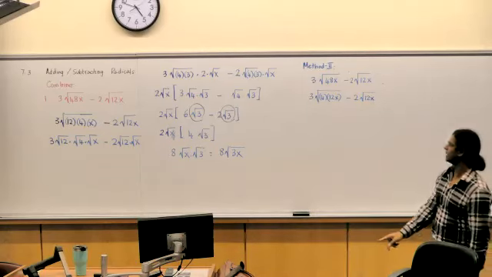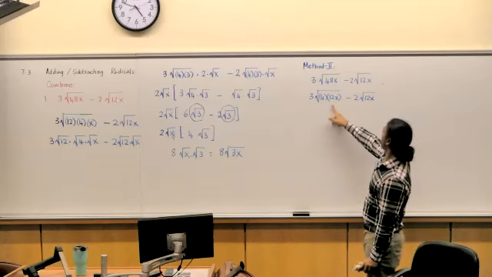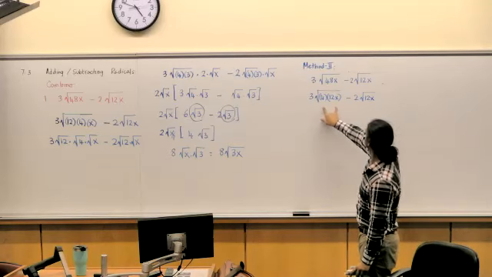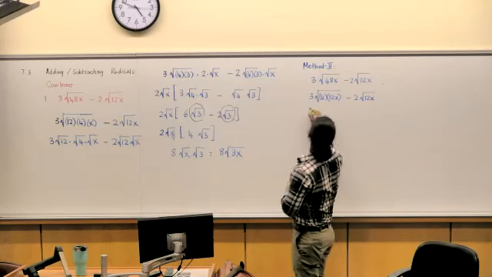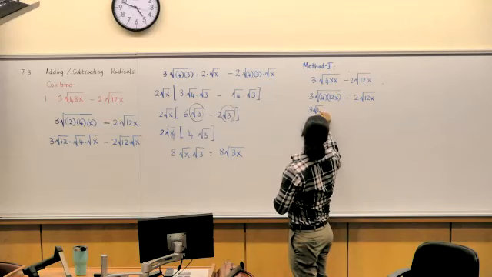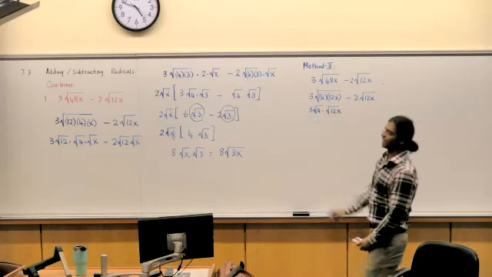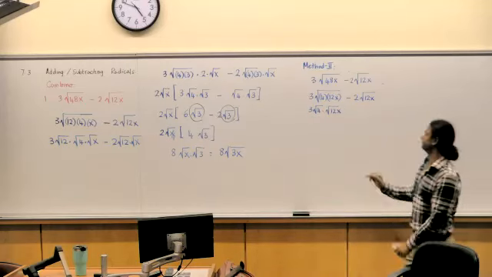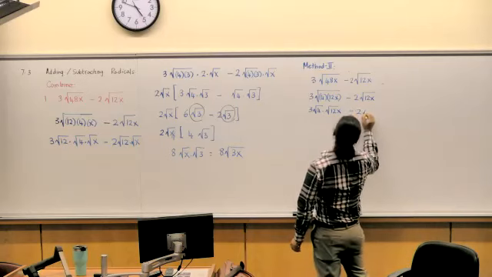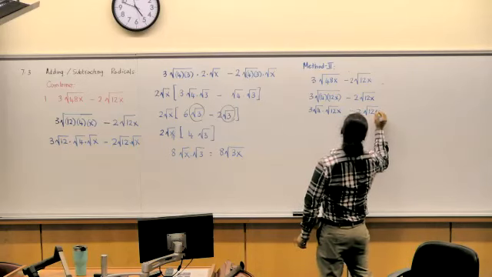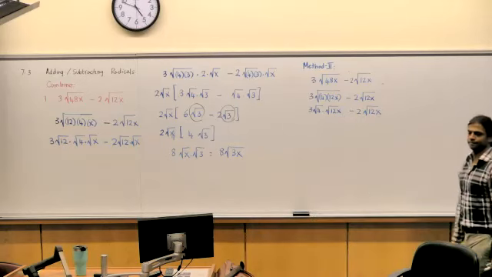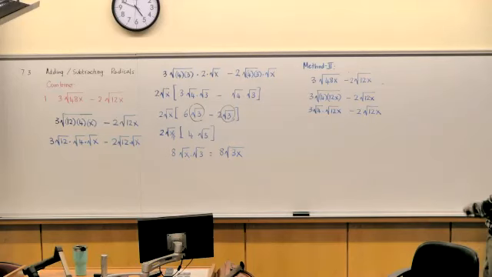Correct? What do I have in common between that? Well, before I do that, square root of 4 times square root of 12x. Yes, split it up. Minus 2 root 12x. Yes. What do I have in common?